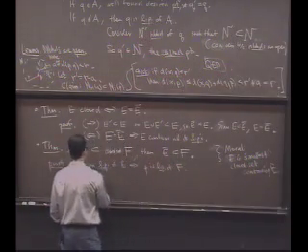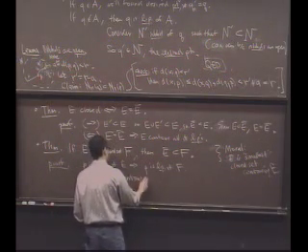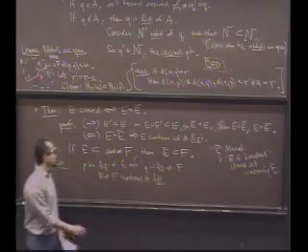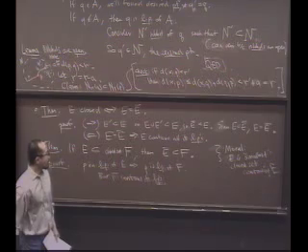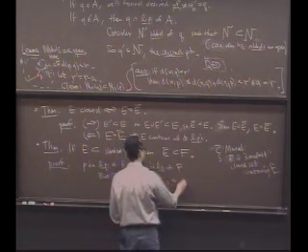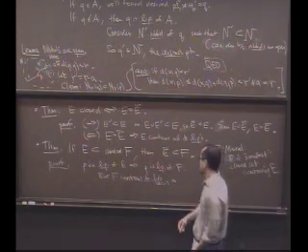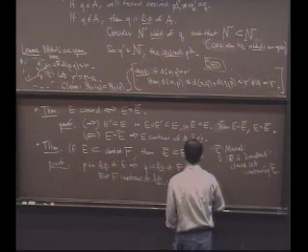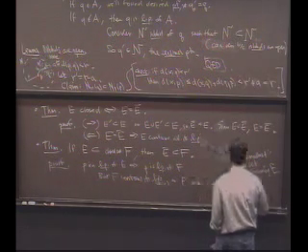But F contains all its limit points. So all the limit points of E are in F as well. F contains the limit points of E as well as E. Done.